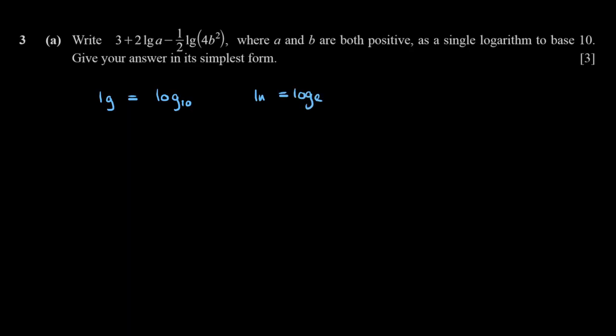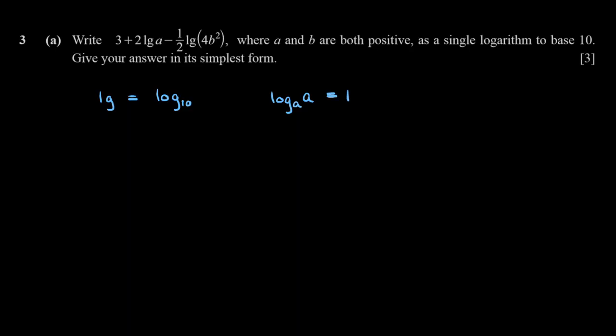It's just shorthand notation. So we can already see that this thing here, log a, and this thing here, log 4b squared, are already written as logarithms with base 10. So the only thing that isn't written as a logarithm base 10 is this 3 here. Well, there's another trick that's going to be quite helpful to know, which is that log base a of a is equal to 1, right?